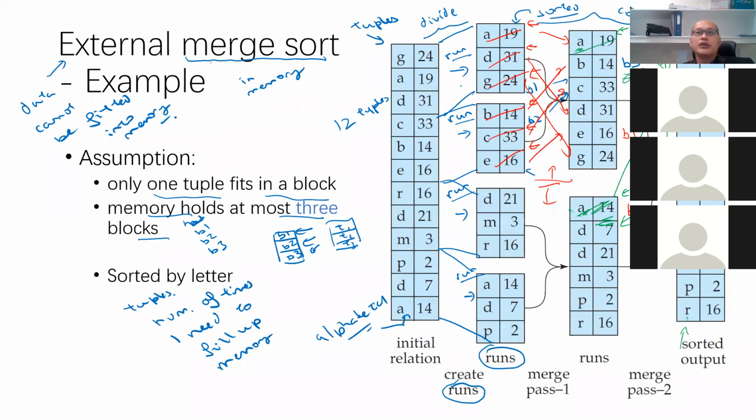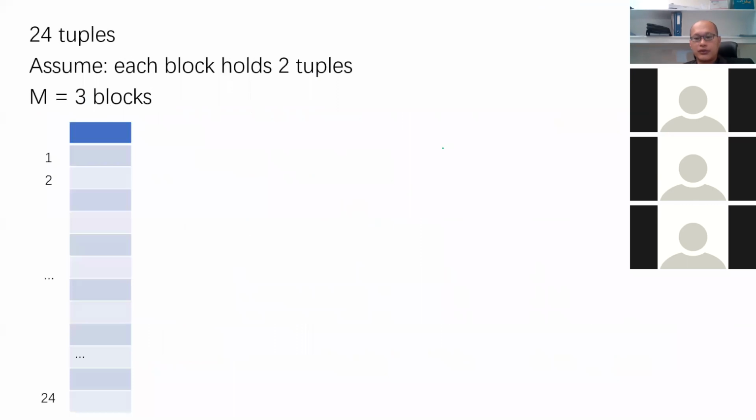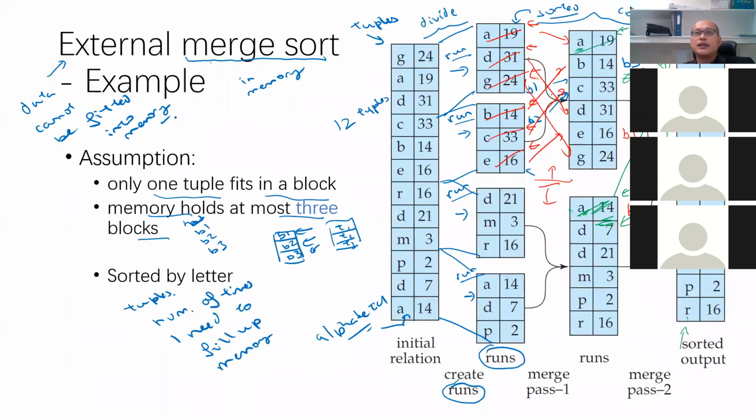In the merge stage, we have the input buffers and the output buffer. After we create the runs, we read into the input buffers, do the merging into the output buffer, and then probably write it into secondary memory as well.